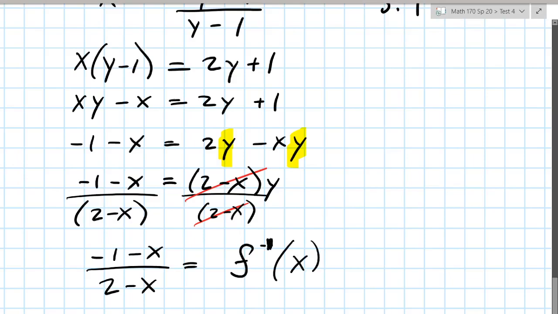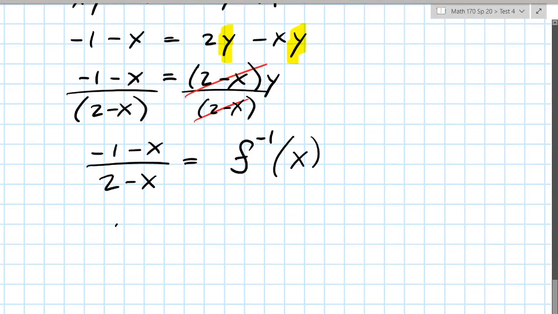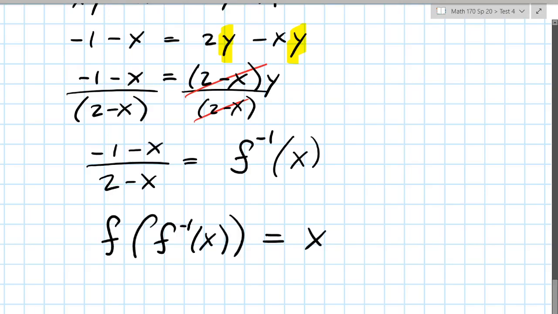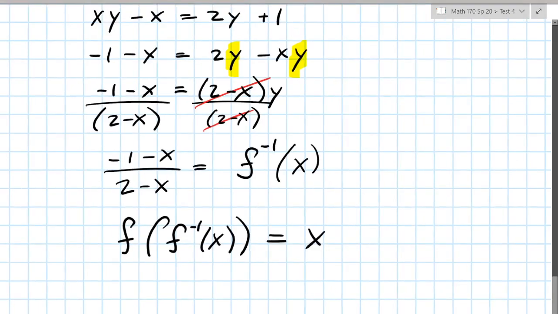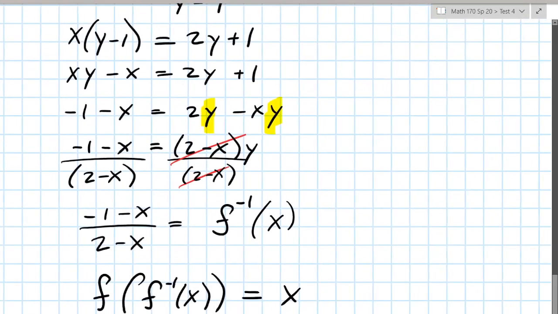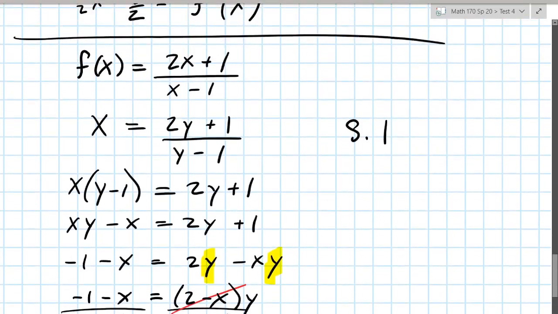So how could we check to see whether or not this is correct? Well, what should happen is if we do f of f inverse of x, we should end up with just x. In this problem, it would be kind of a pain to check since f inverse is this thing and f of x is also a rational function.